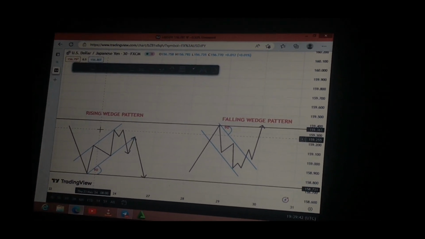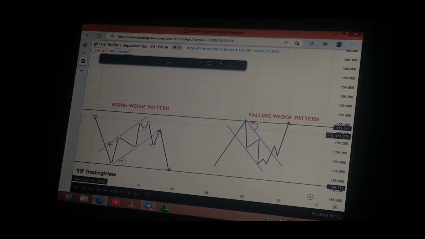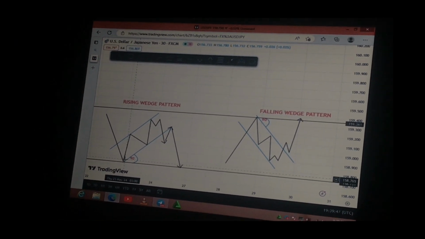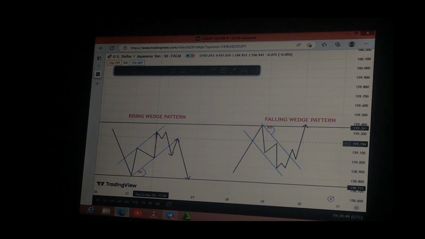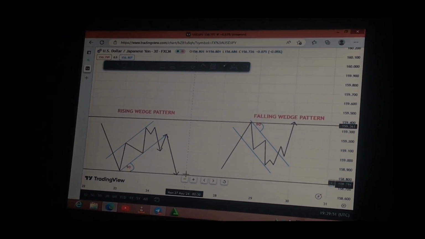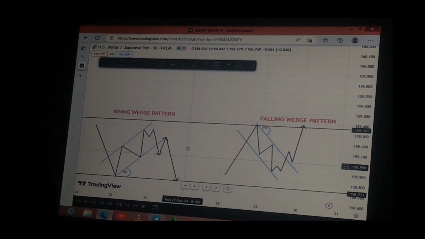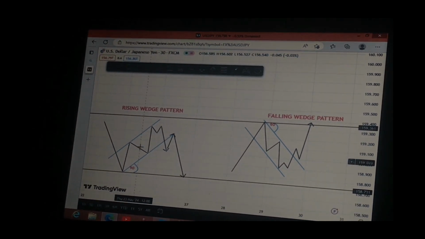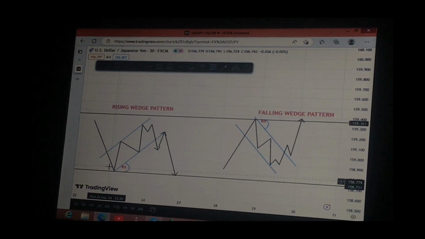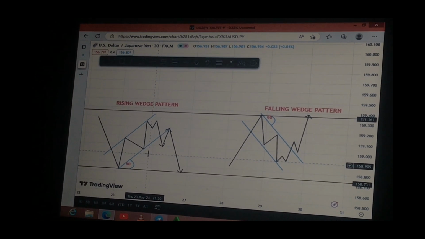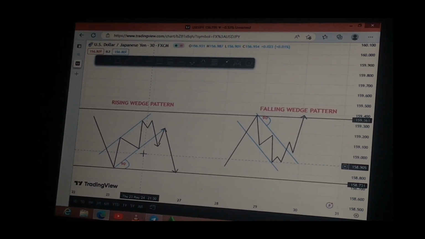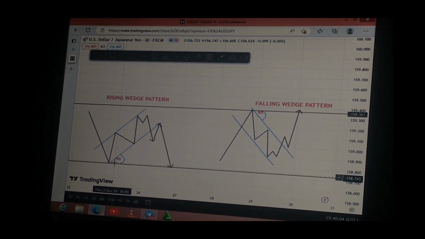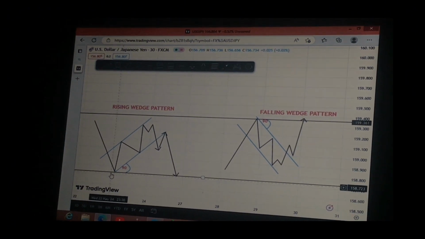So as you can see, the market gave us an impulse, and then corrected to the upper side, and then gave us another impulse. So let me show you how you indicate it. When the market is bullish, or when the market is going up, it creates something we call a higher high and a higher low.